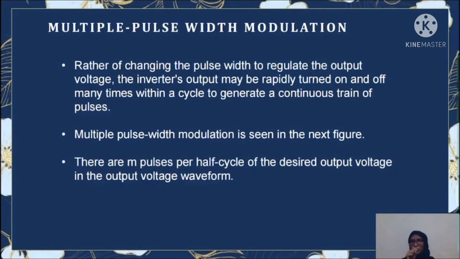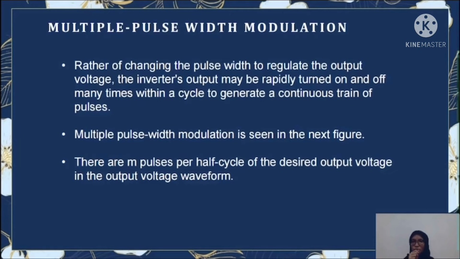Then is the multiple pulse width modulation. Rather than changing the pulse width to regulate the output voltage, the inverter's output may be rapidly turned on and off many times within a cycle to generate a continuous stream of pulses. Multiple pulse width modulation is seen in the next figure.